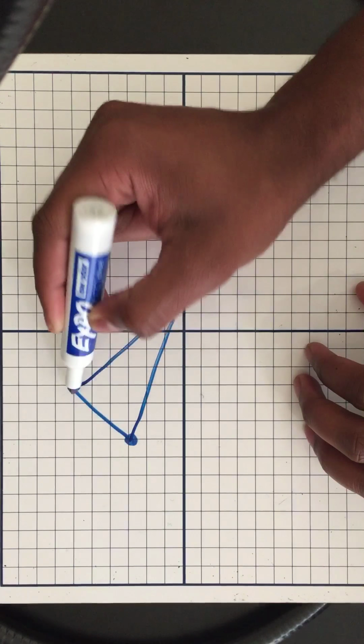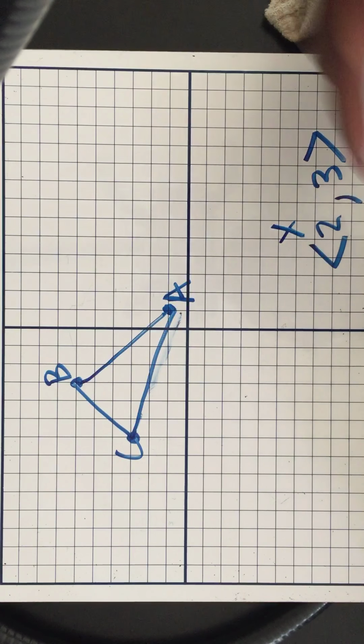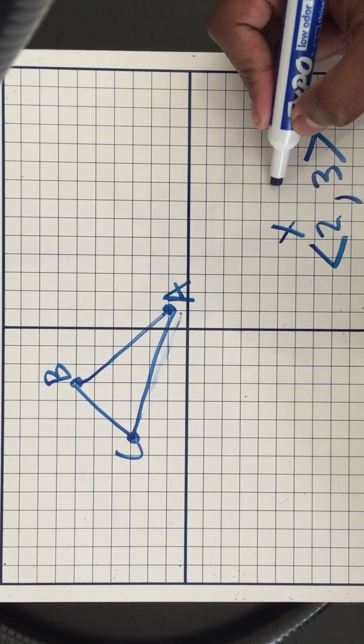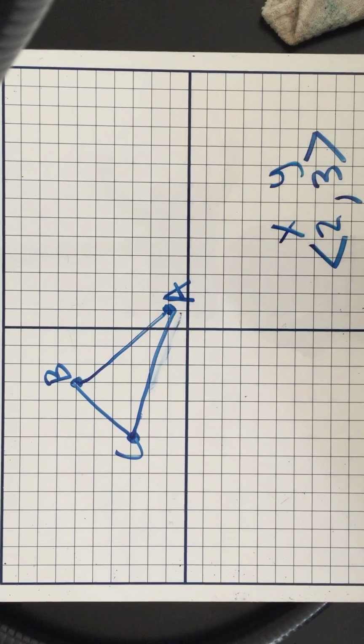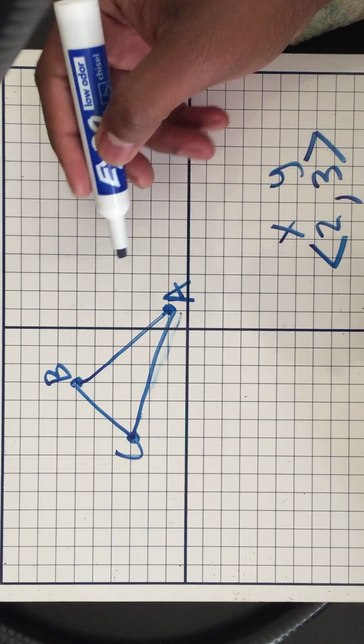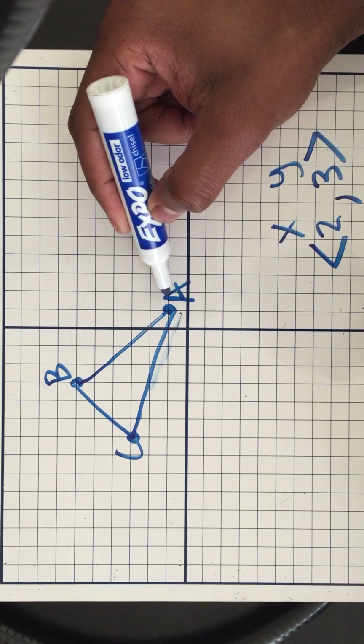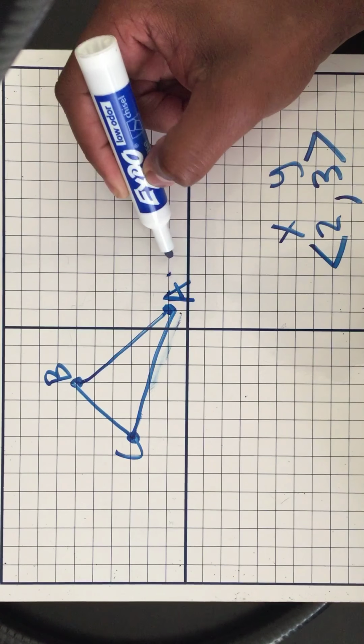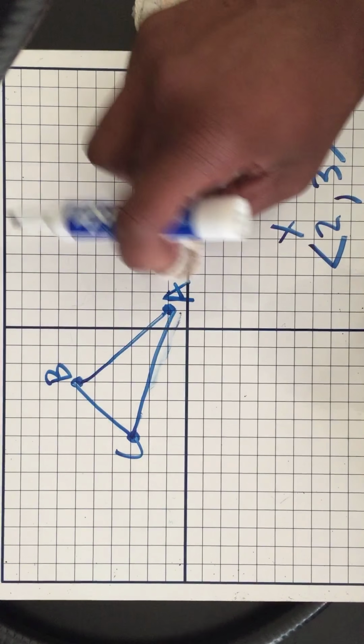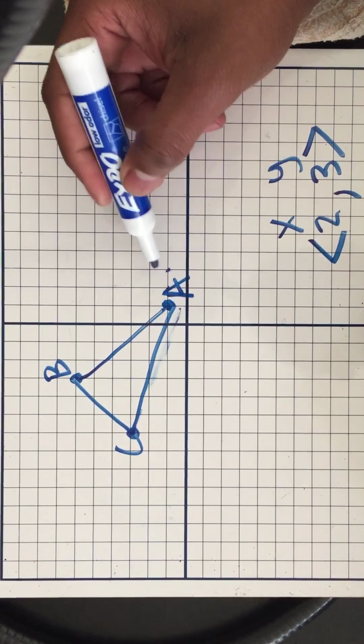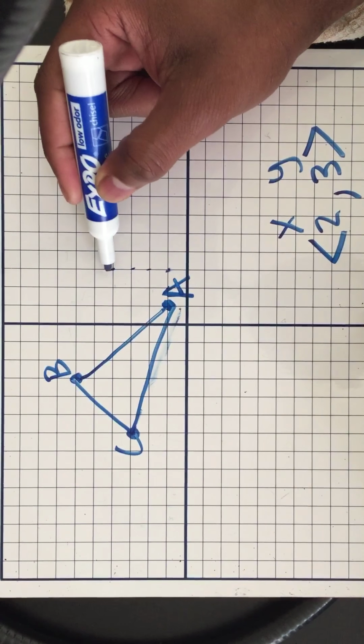What this is going to mean is that the x coordinate moves 2 to the right, and the y coordinate moves 3 up. So A would move over 1, 2, and up 1, 2, 3.